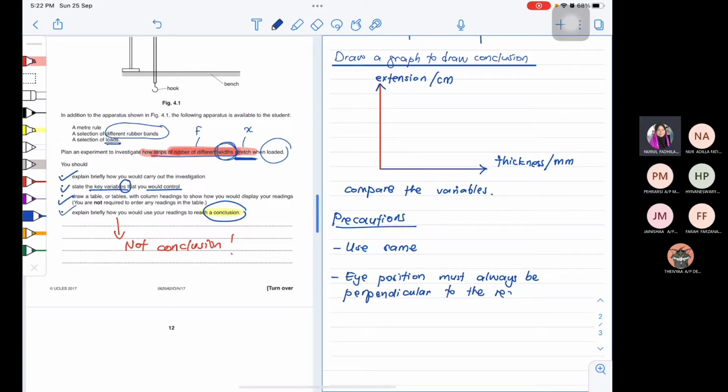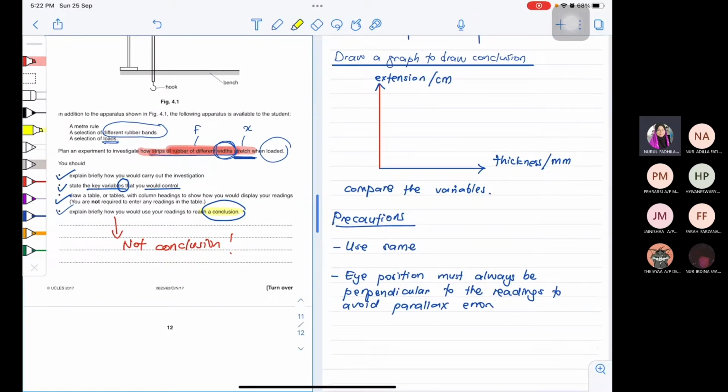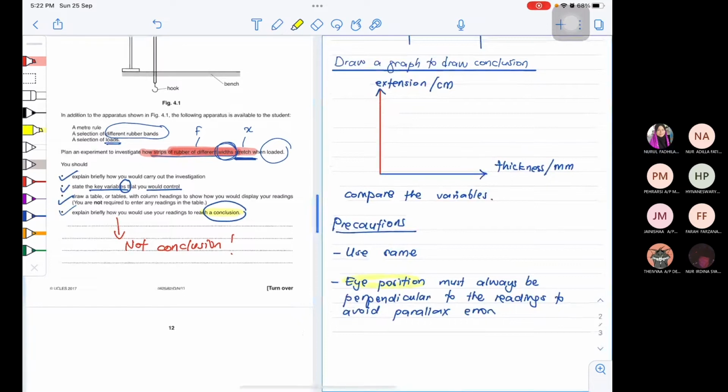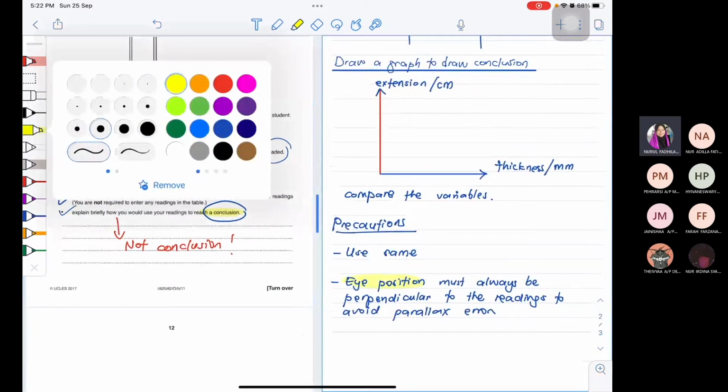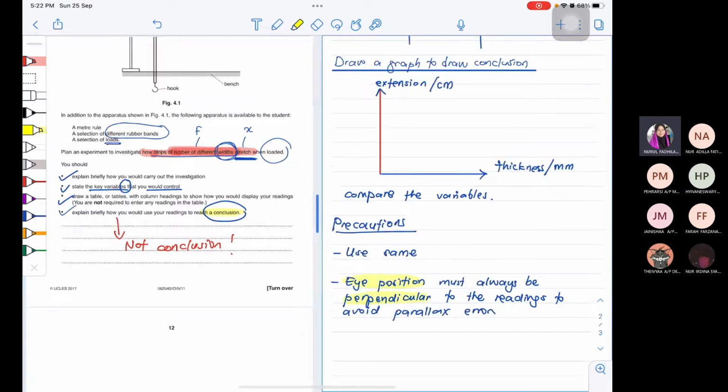This is the perfect answer. Parallax error, because you tell everything: the eye position, the perpendicular, and that this is to avoid parallax error. What else? Use the same load whenever you repeat the experiment.